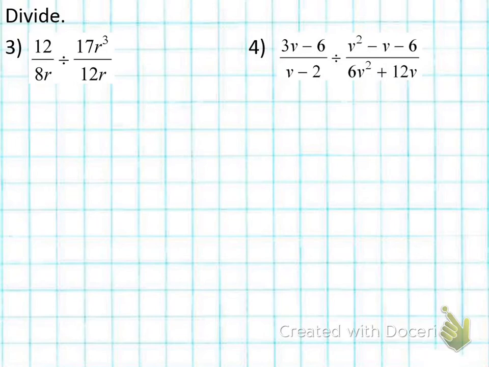Are there any excluded values on number 3? Yes. What are they? 0, right? If we work these out, you get 8r equals 0, which is r is equal to 0.